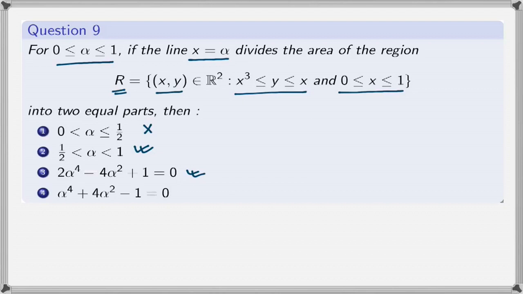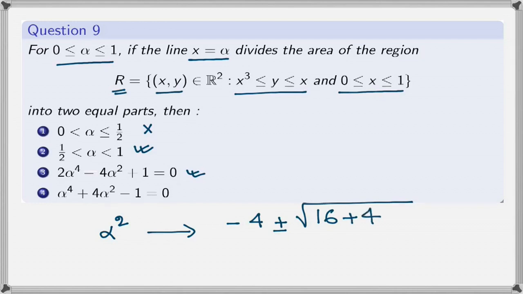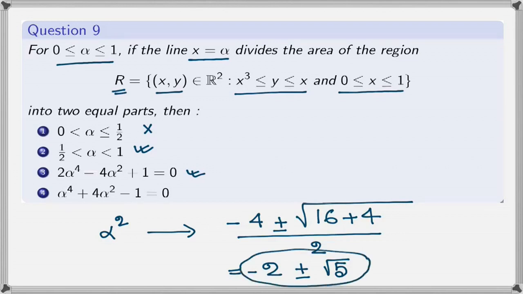If we solve this for alpha square, we get alpha square is having the possible choices minus 4 plus minus square root of 16 plus 4 divided by 2. That means minus 2 plus minus square root of 5. And as we can clearly see that none of these values agree with the choice of alpha square which we have already got. So therefore, the fourth option is not correct.